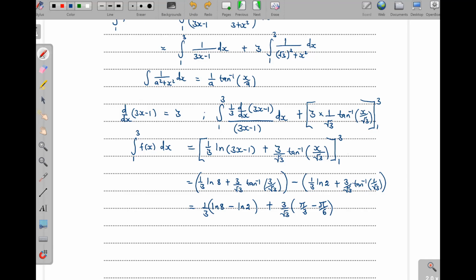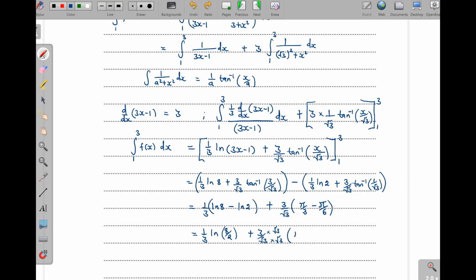All right. So here we are going to get a third, then the natural log of 8 over 2, using the rules of logarithms. Okay, then here I can simplify this and I say times root 3 times root 3. Then inside here, since we don't write a square root in the denominator, even when you put this one in the calculator, it will give you the simplified version.